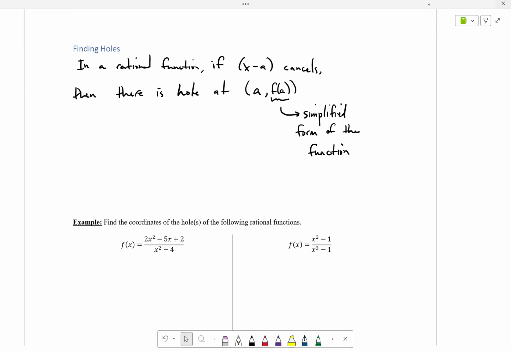Is it 2x minus 1 over x minus 2? Two x minus four. When you plug it in, you get three.